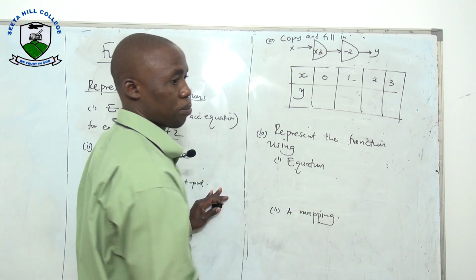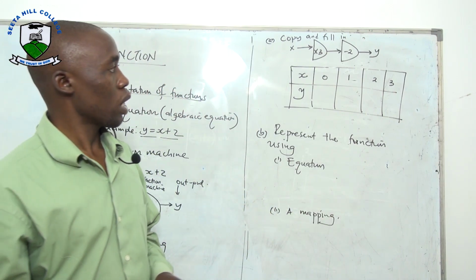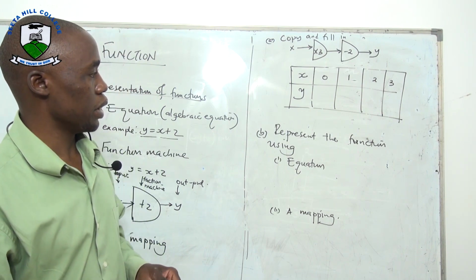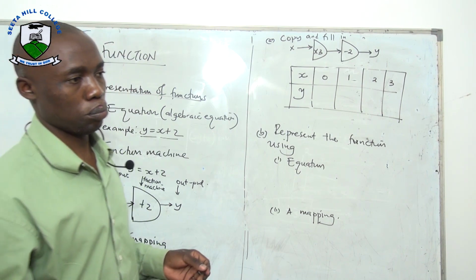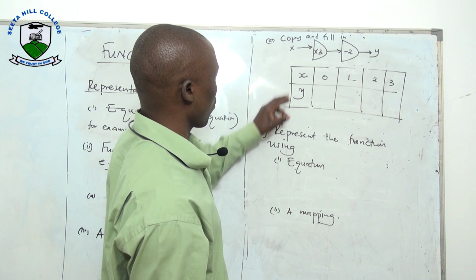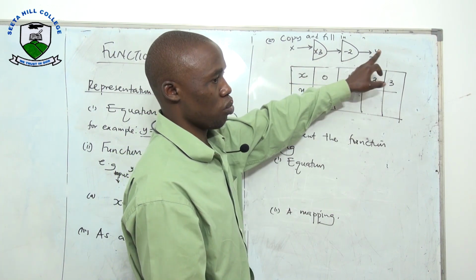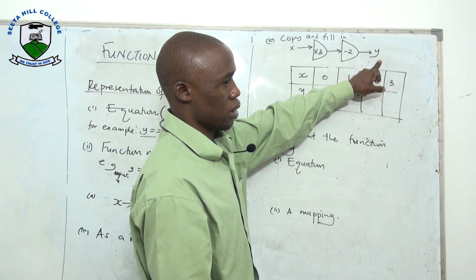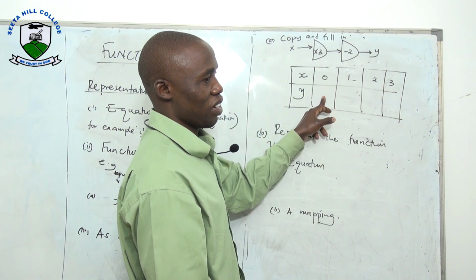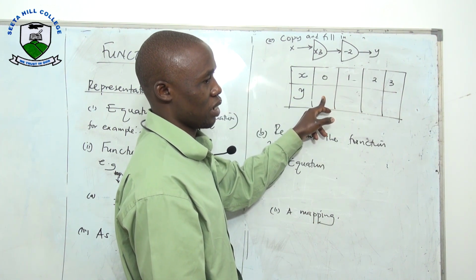Are we right there? How shall we fill in that machine? x times 3 minus 2 gives y. Each student one answer here. Grace?